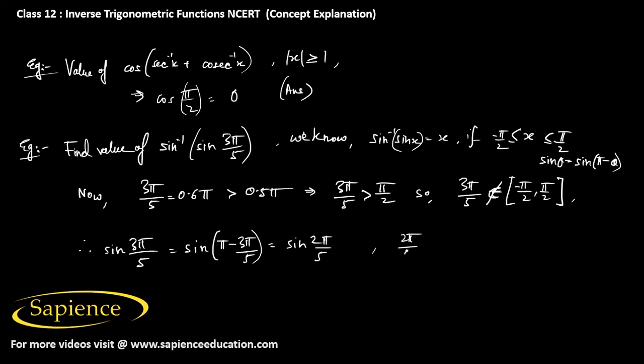Now 2 pi by 5 is 0.4 pi, which is less than 0.5 pi. So this value lies within the principal value branch of the sine inverse function.